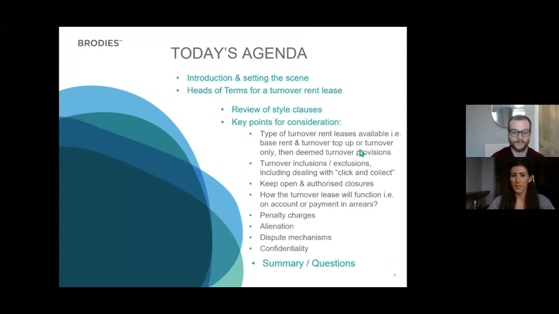In the process of doing so, we will cover the different types of turnover rent available, turnover inclusions and exclusions, including dealing with the hot topic of click and collect. We'll look at keep open and authorised closures, how the turnover mechanism will function, penalty charges, alienation, disputes, and confidentiality.